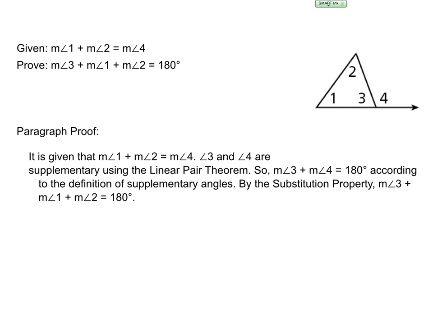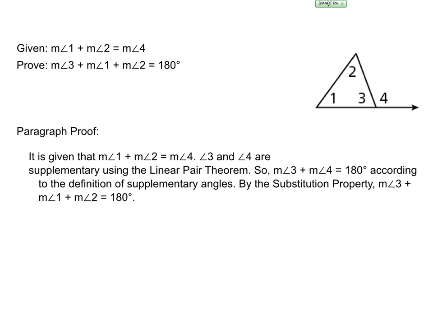What reason is mentioned in that first sentence? Not in the first sentence. What's the reason that's mentioned there? Given. Yep. It is given. That's the reason. Here's the statement. Measure of 1 plus 2 equals 4.